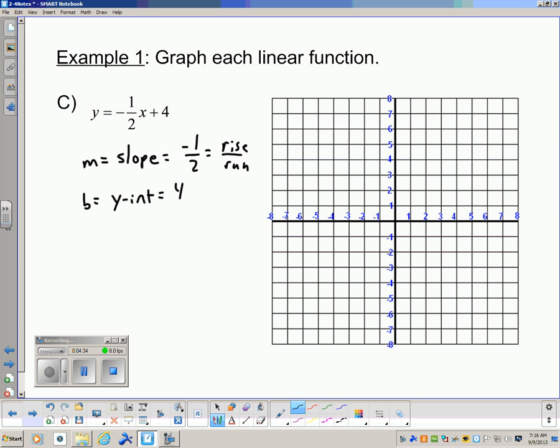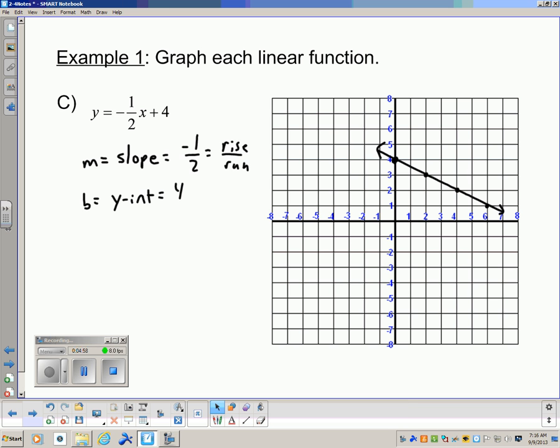So here on the y-axis is my 4. And then from that, I'm going to rise negative 1, so down 1, and then to the right. Down 1, to the right. Connect my points. And there I've got my graph of my linear function.